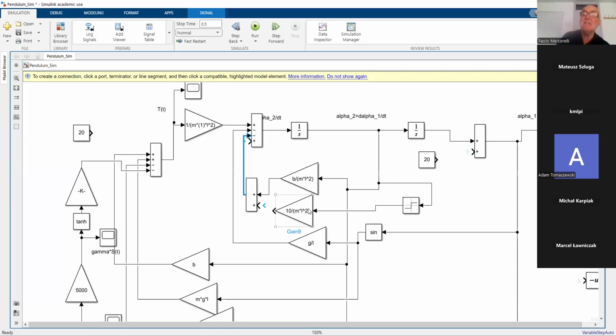Of course, I have to divide by the inertia, M L squared. If you want, I show you later what changes in the simulation, even though this part here is not considered in the model, in the model to realize the sliding.